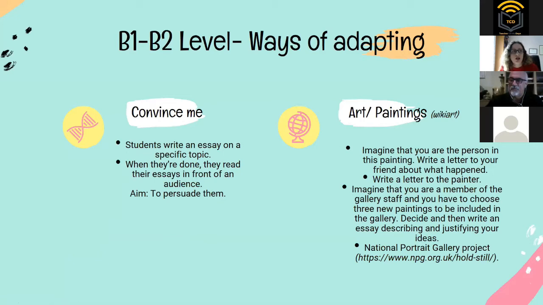So after discussing what the pictures are, I asked my students to imagine that they are members of the gallery staff and they have to choose 3 new paintings to be included in a new exhibition that they are going to create.